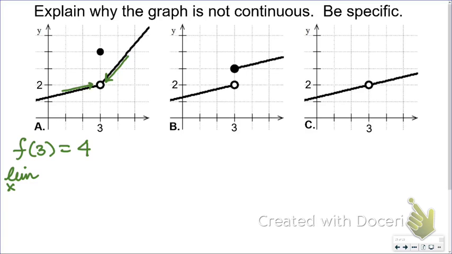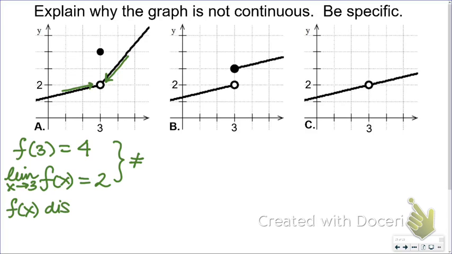That is true. As x approaches 3, y is approaching 2. But these are not equal. So f of x is discontinuous at x equals 3 because these are not equal. That was the third condition of continuity.